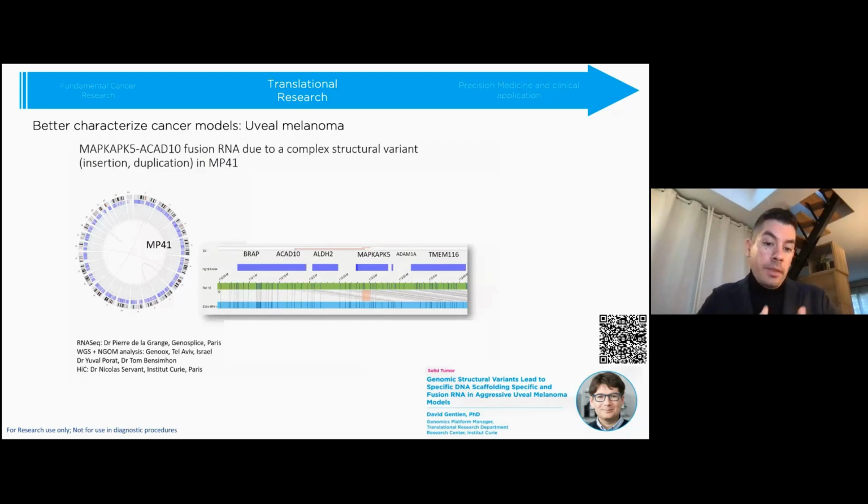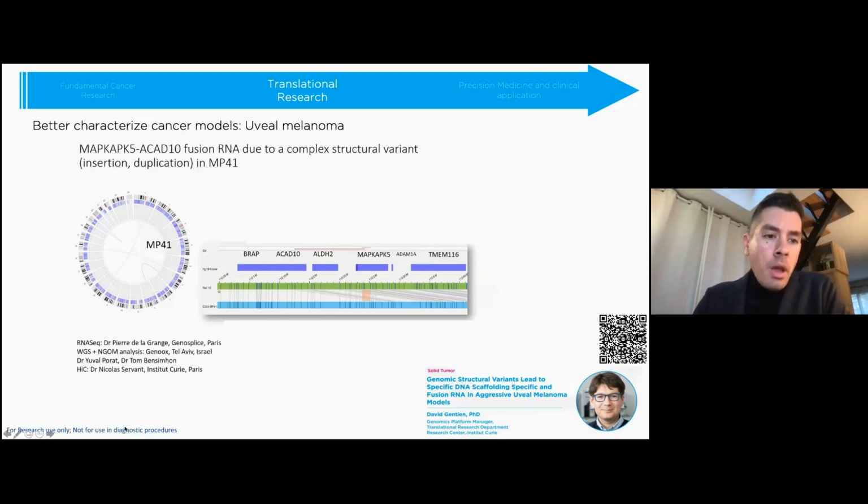And they could be further characterized. I think this example really illustrates the simplicity of optical mapping and how we can tackle the identification of fusions from the DNA while providing more information than RNA sequencing.